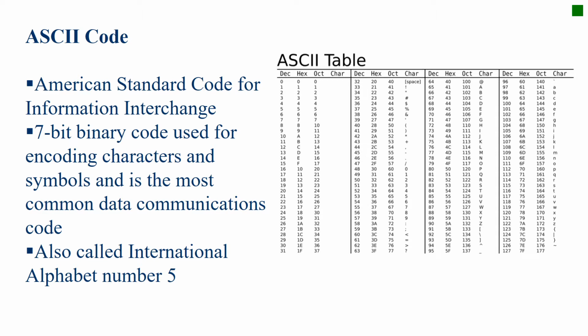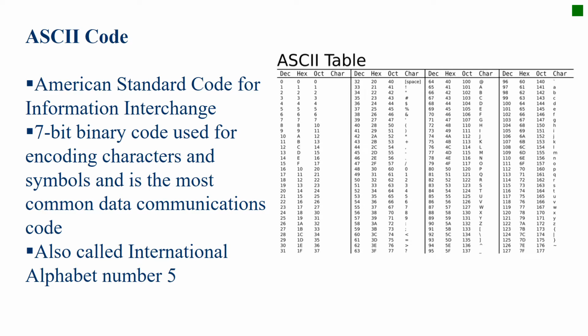Okay, but unlike Baudot code, ASCII code uses 7 bits and it does not use symbols like dots, dashes, and spaces, but rather it uses binary numbers to represent characters and symbols. So it is a 7-bit binary code used for encoding characters and symbols and is the most common data communications code. Okay, Baudot is called International Alphabet Number 2, while ASCII code is known as International Alphabet Number 5.